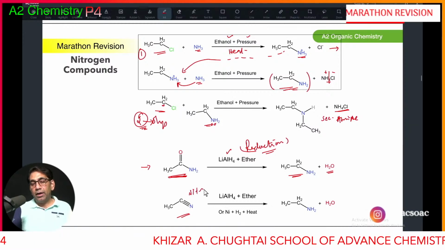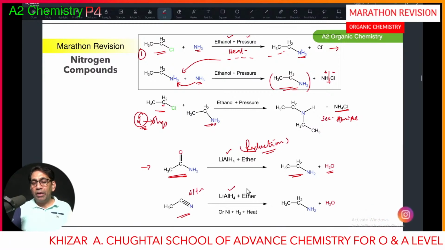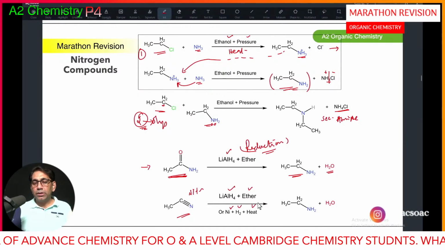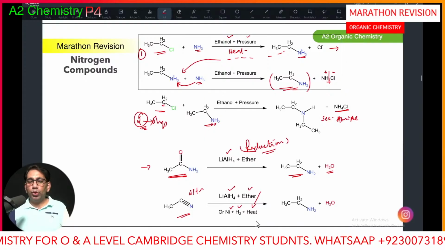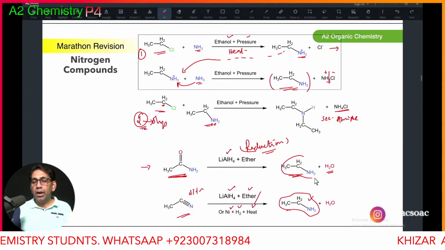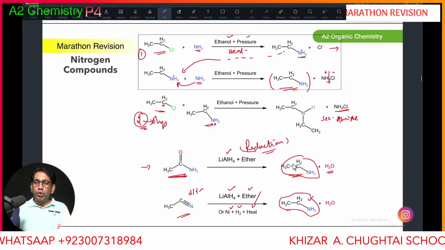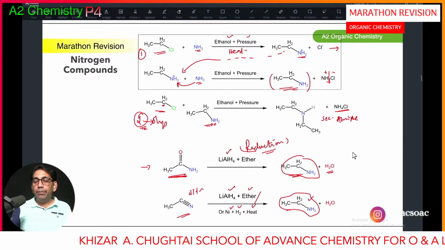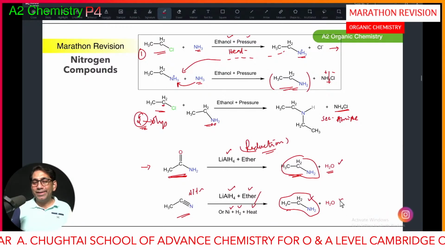This is nitrile. If I'm going to add lithium aluminum hydride plus ether, or nickel plus hydrogen plus heat, you can use both options over here, and again the result is primary amine. So in all these cases, you can make primary amine.